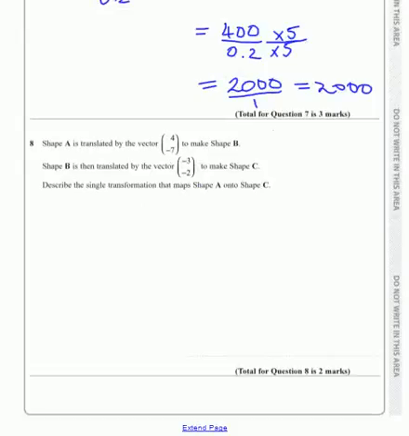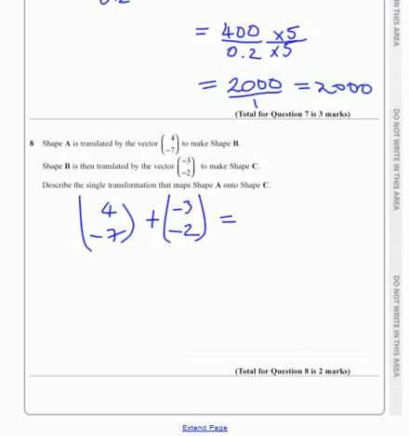Question 8, we are looking at two translations, so shape A to shape B, and then shape B to shape C, and we want the single transformation from A to C. So we're going to do a translation followed by another translation. To work out what the vector is going to be, we can do the first one, add on the second one, and work that out.